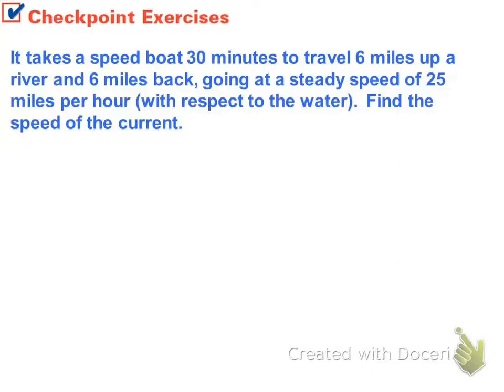Well, this is a distance problem, so we first need to start with the idea that distance is equal to rate times time. Time is the only thing that we know about this problem. We know the entire time, so let's rewrite the distance formula in terms of time.